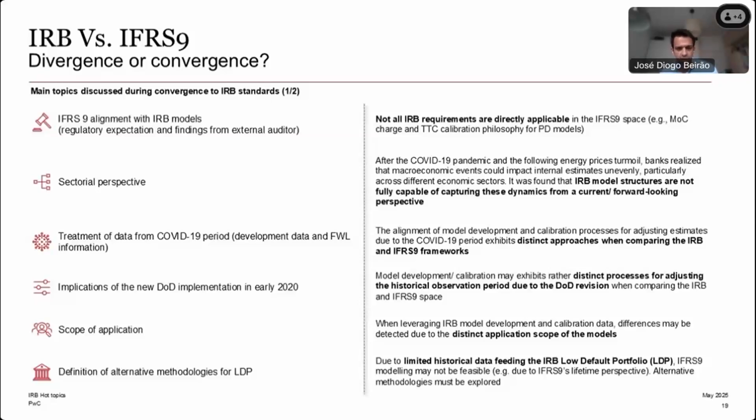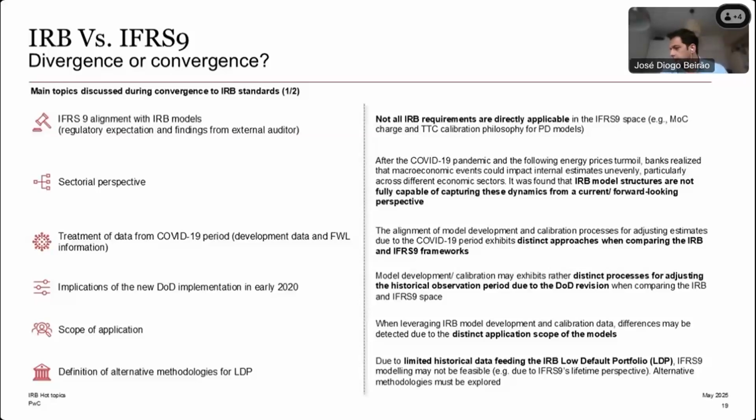In the case of the COVID-19 pandemic, which is of course an idiosyncratic event, one of the main issues was how to embed this in the models, and different sectors would observe different impacts from such events. So the sectoral perspective is for sure a topic of the future.